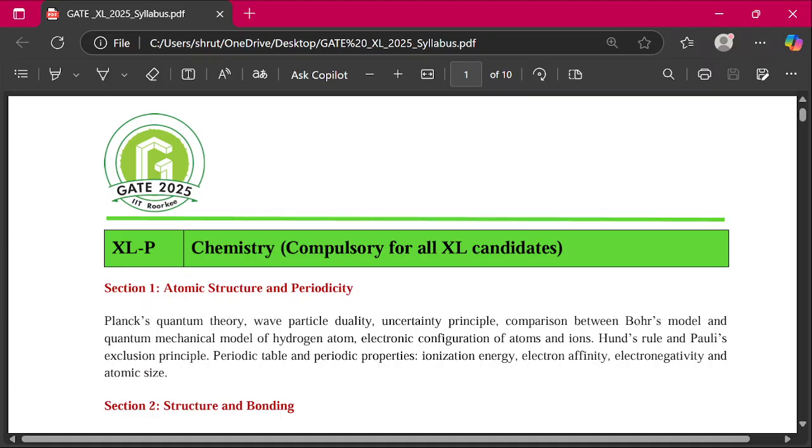Whether you are targeting topics like biochemistry, microbiology, botany, zoology, or food technology, this overview will help you understand the structure of the exam, the weightage, and the high priority areas. So grab a notebook, sit tight, and let's begin your GATE XL journey with the right strategy. So let's start.